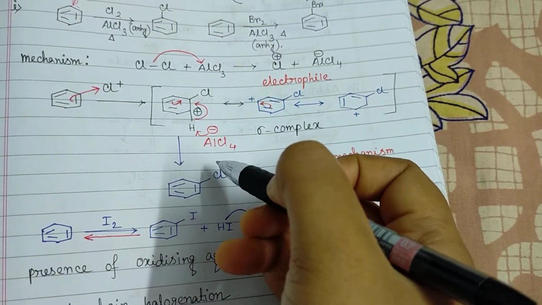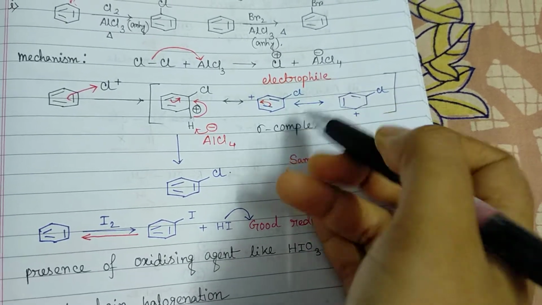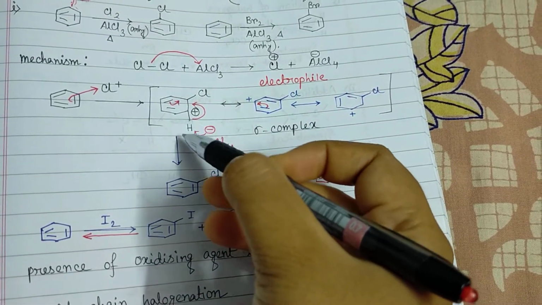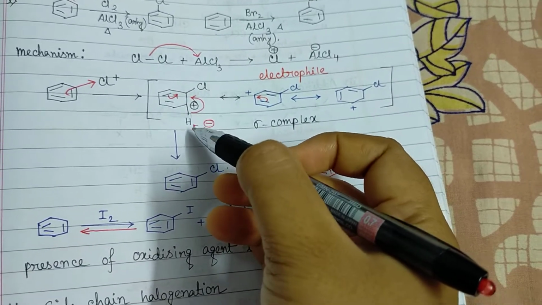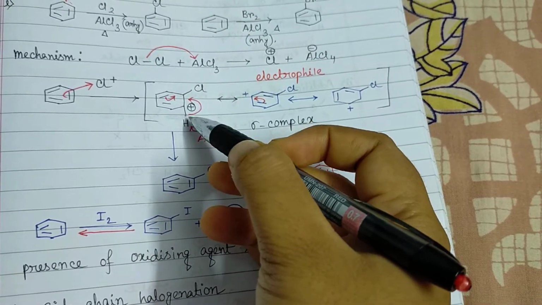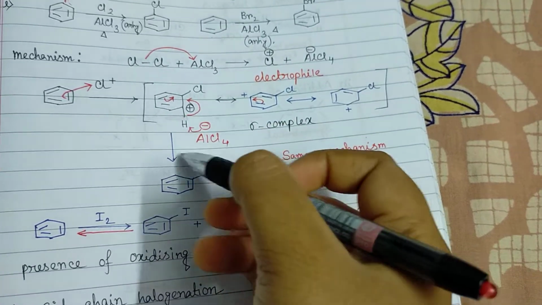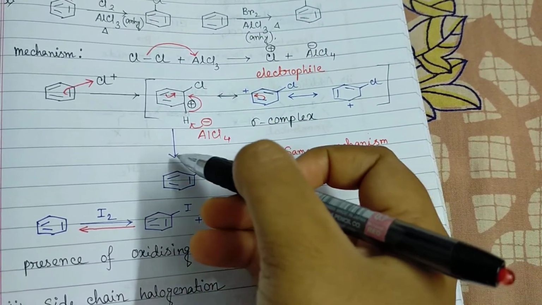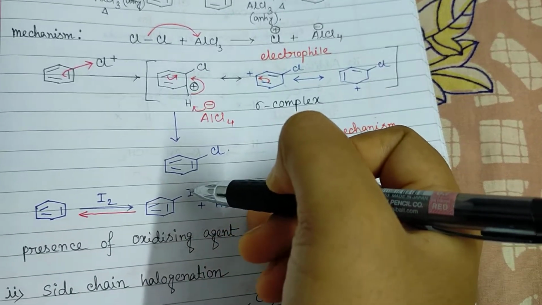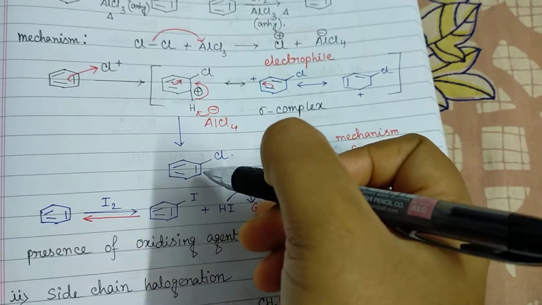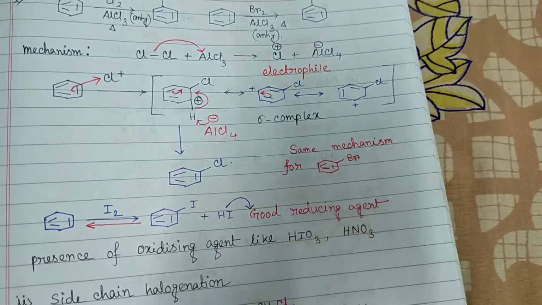What happens next? The AlCl4 minus formed previously will take up the hydrogen from the positively charged carbon atom, and the electrons of this C-H bond will go over here and the aromaticity of benzene will be formed again. So in this way chlorobenzene is formed by the formation of the sigma complex.